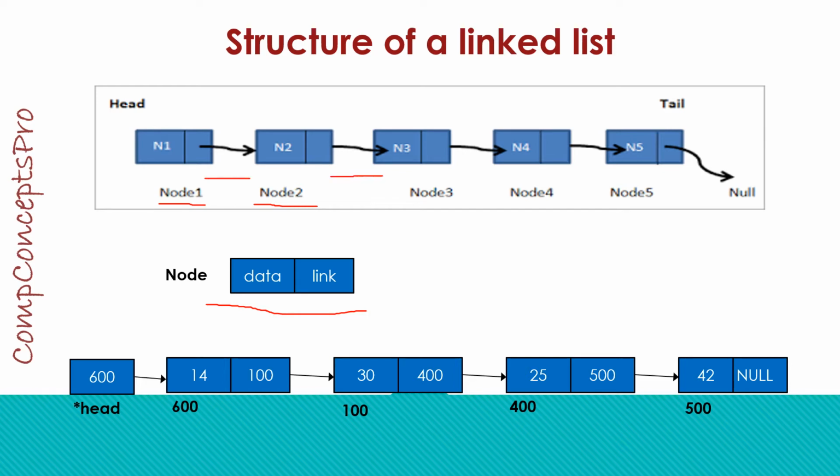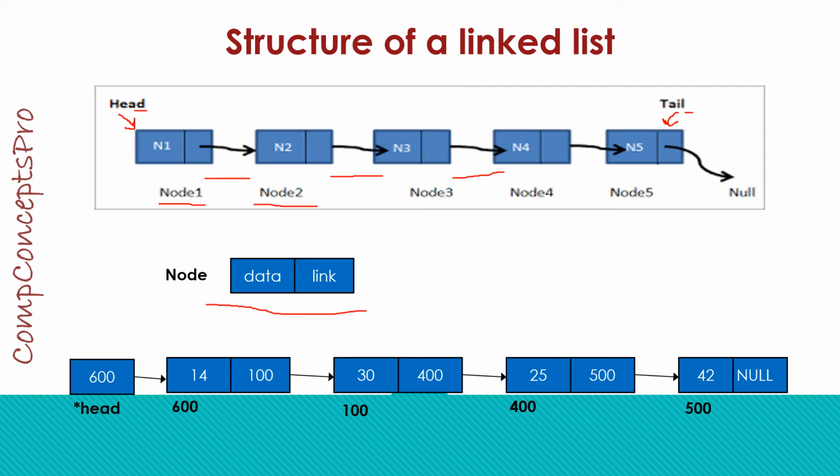These are the pointers pointing towards the next node. This head is also a pointer which is pointing to the first node of the linked list, and the tail pointer is pointing towards the last node of the linked list. These head and tail are also pointer variables in the memory.